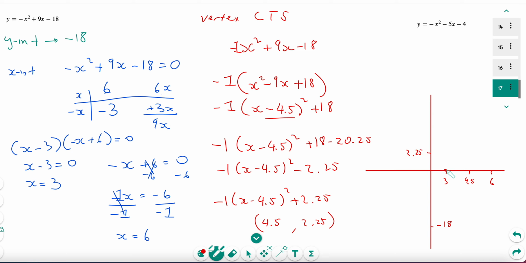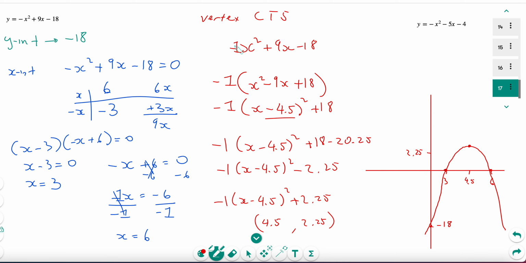So we have one coordinate here, one coordinate here, one coordinate here, and one coordinate here. So I guess it kind of looks like this. Oh yeah, it's an N shape because it's negative x squared. Just like that, and that's it, okay?